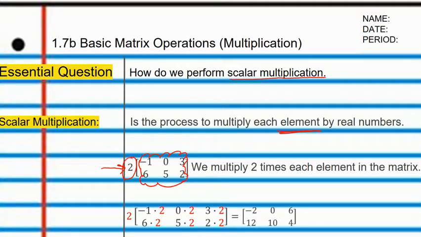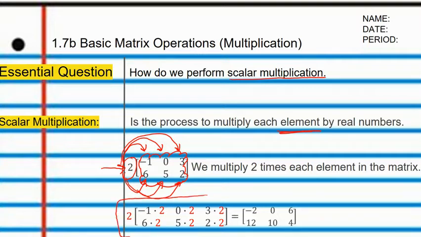We're simply going to multiply the value outside by all of the elements inside. 2 is multiplied by -1. 2 is then multiplied by 0. 2 is multiplied by 3. 2 times 6. 2 times 5. 2 times 2.